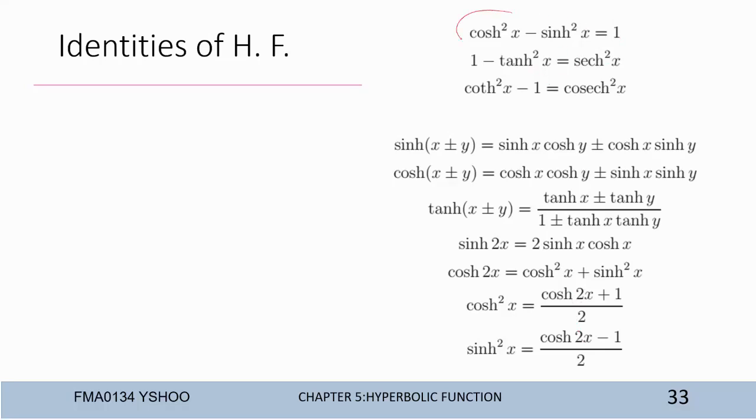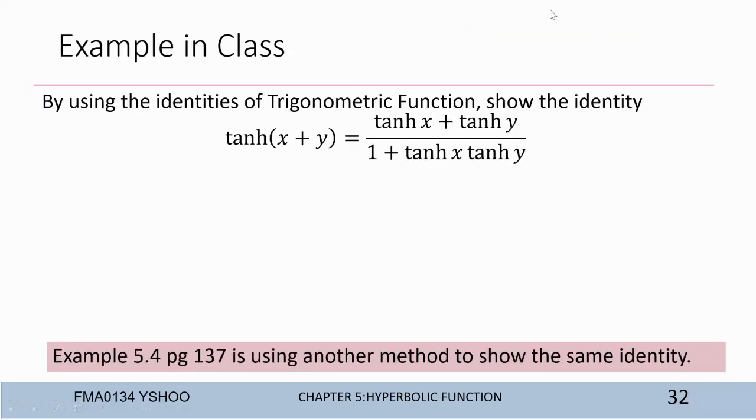Unless the question asks you to show a particular result by a specific method, it doesn't matter. You can prove it using the exponential definition. If not, these formulas are ready to be used.